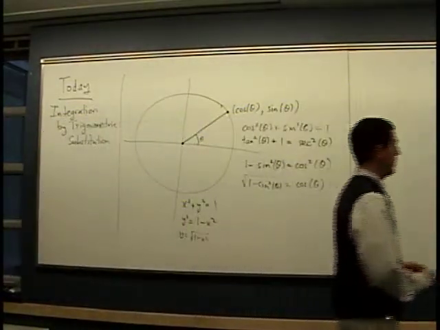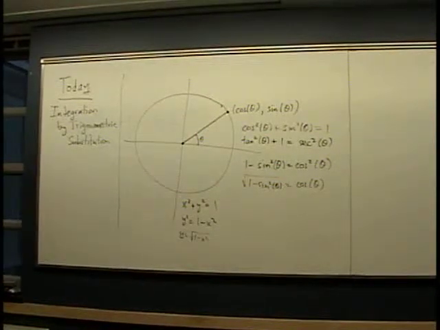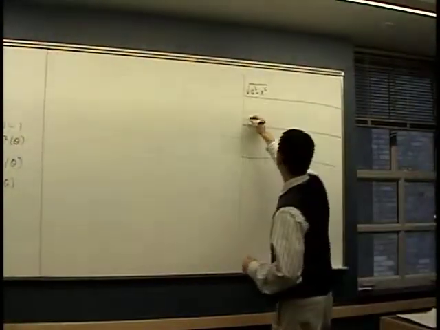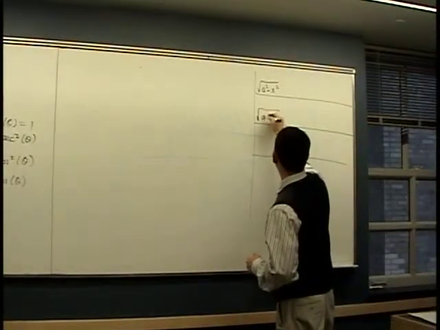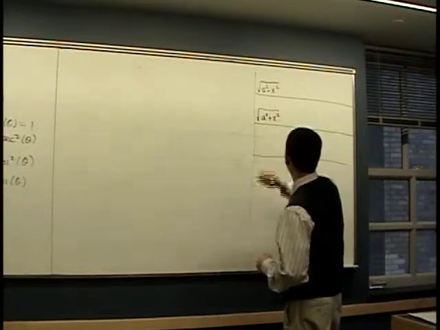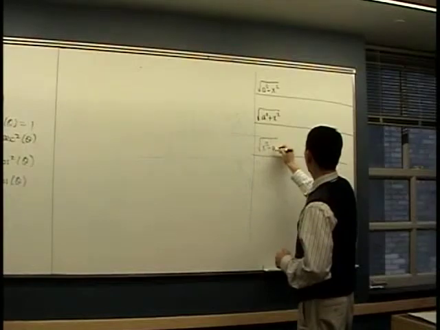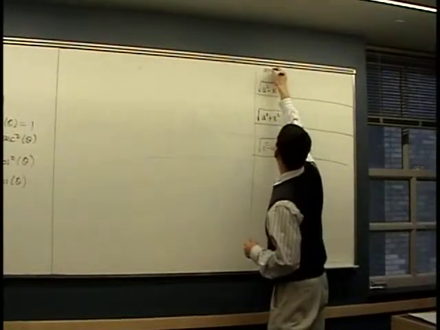What we're going to do is try to figure out what to do with 3 different expressions. The first one is going to be expressions of the form the square root of a squared minus x squared. The second one will be expressions of the form a squared plus x squared. And the last one will be expressions of the form x squared minus a squared. And in all these cases, a is greater than 0.